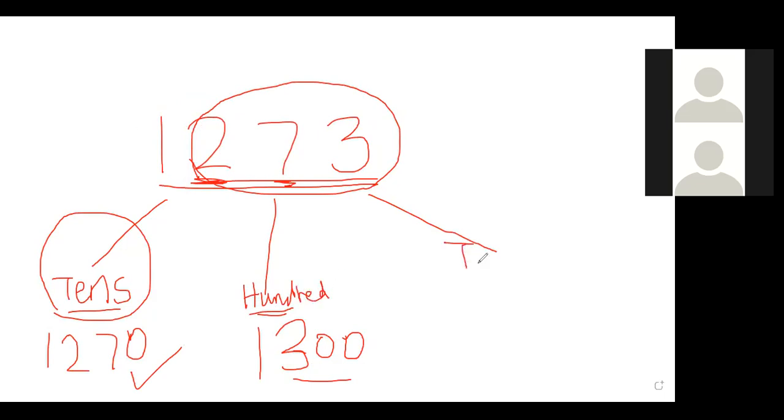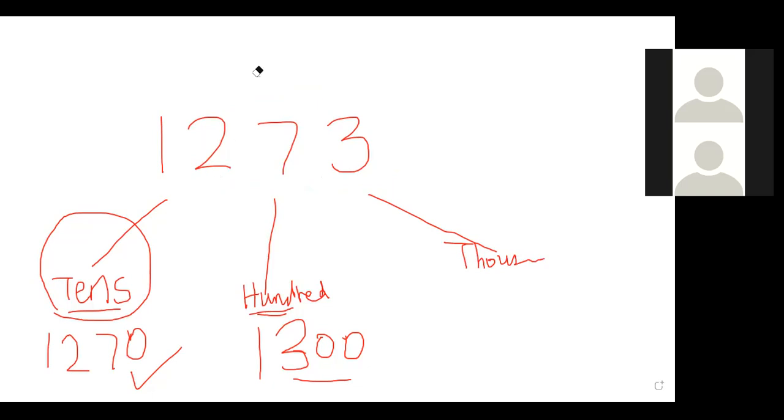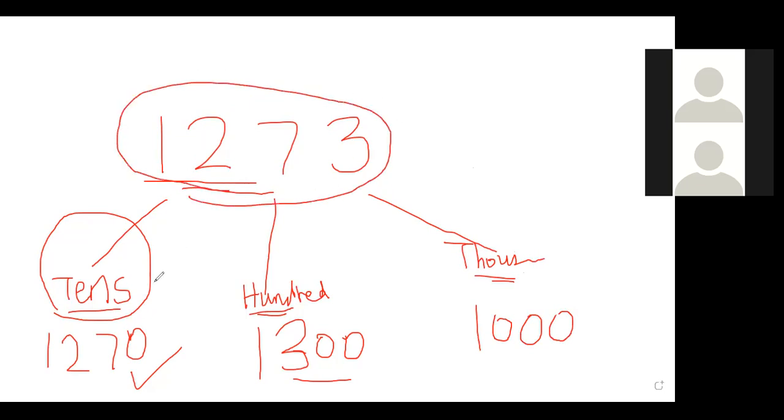In the same way, if I'm going to round off to the nearest thousands, then I have to look at this number as 1,200 blah, blah, blah. I don't have to look at the 73. I just imagine 1,200. And where is it near to? Is it near to 1,000 or 2,000? Because it's the thousands. So definitely 1,200 is near to 1,000. Can you see? One number only, but you can give me 3 different answers.